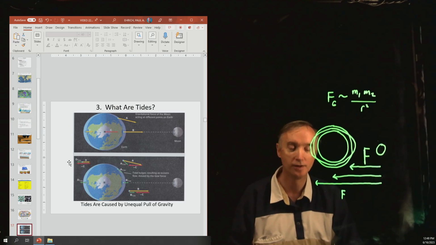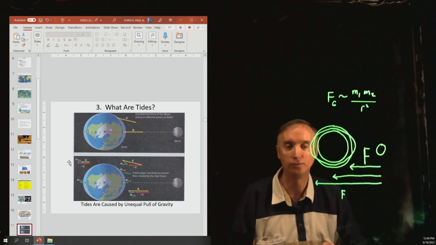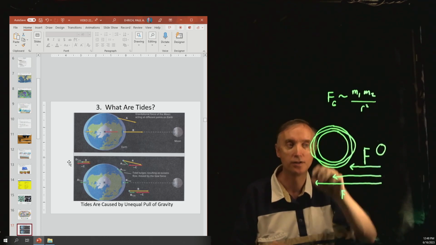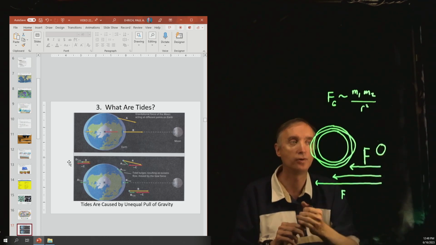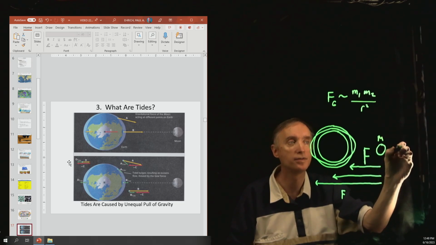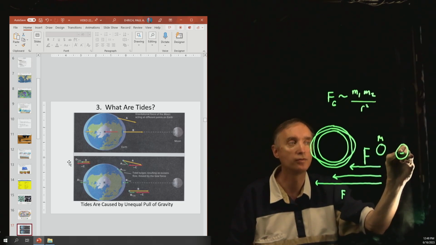Another thing I'd like for you to know is that the sun also pulls on the oceans. So here's the moon over here, and let's just say for the sake of argument that the sun is over here.